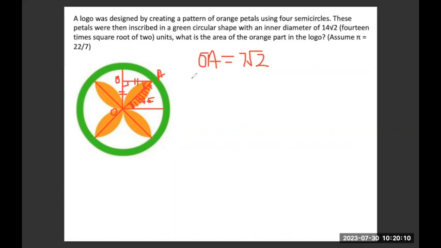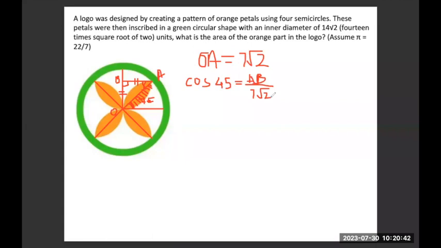All I need to do is, since the hypotenuse is known, I will use cos or sin, either of them. I'll say cos 45. Cos 45 is equal to AB or OB, either of them, AB upon OA. You know the value of OA. The value of OA is 7√2. So I'll write 7√2 here.